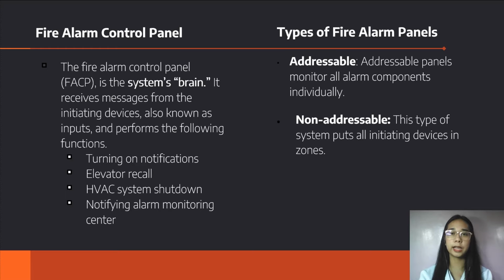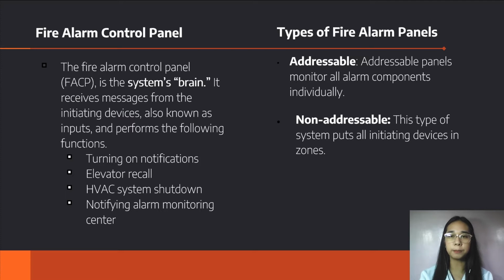In every fire alarm system, there is always what we call the fire alarm control panel, also known as the FACP, which is the system's brain. It receives messages from the initiating devices, also known as the inputs, and performs the following functions. First is turning on notifications.